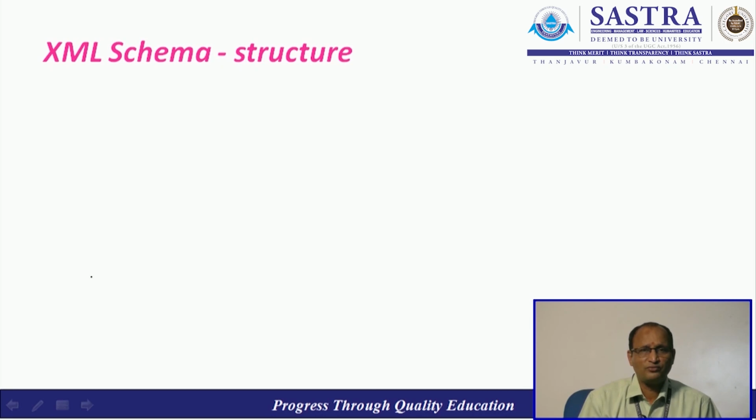This kind of restriction is not possible for an element by using document type definition. That's why we go for XML schema. In schema, plenty of numeric, alphabet, and special symbols can be validated.